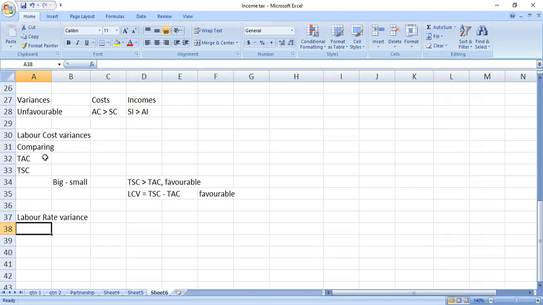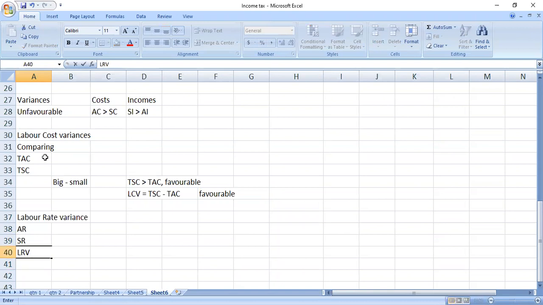Just like under material, you're looking at the rate. You're interested in the actual rate and the standard rate. If the standard rate is higher, that's a good thing because you're spending less. If it is lower, then it's not good, it's unfavorable. So the formula remains the same: labor rate variance.